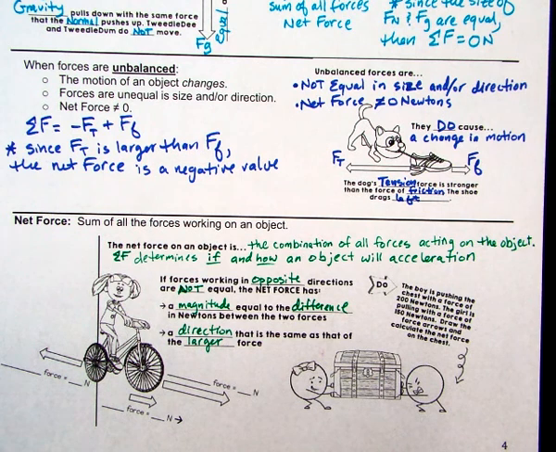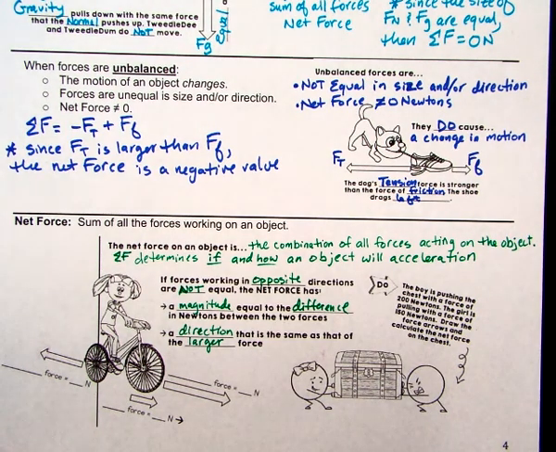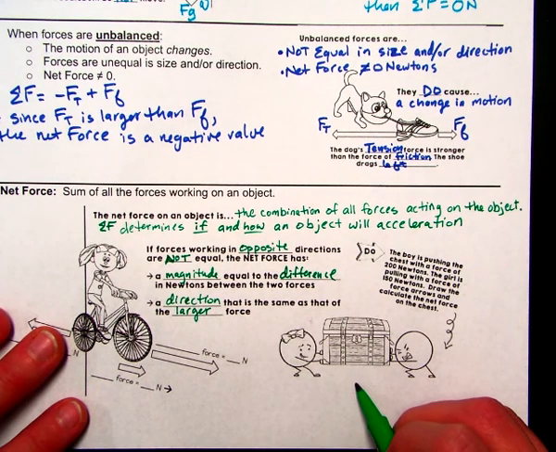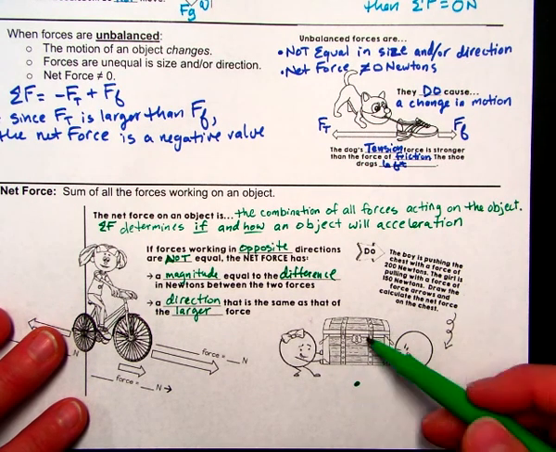A boy is pushing a chest with a force of 200 newtons. The girl is pushing with a force of 150 newtons. Draw the force arrows and calculate the net force on the chest. We're going to get into more of this tomorrow, but I'll do a little demo. I'm going to put a dot here, and this dot represents this chest.